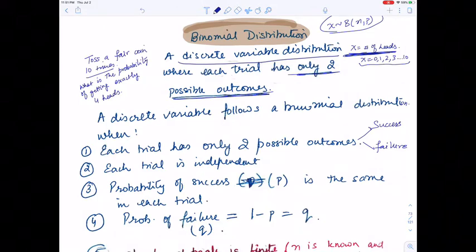So there are only 2 possible outcomes. Either it is a success or it is a failure. Either it is a head or it is not heads. We don't care what else happens. We only want to know if a head occurs or not in each trial.